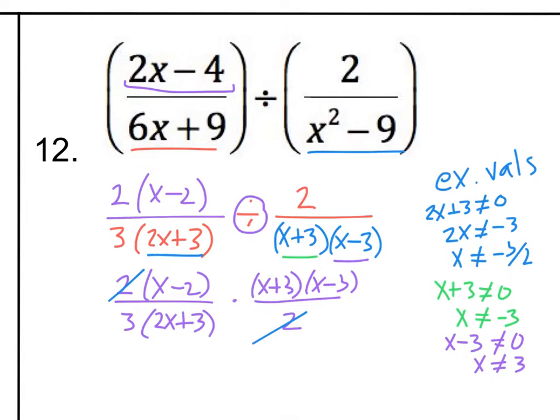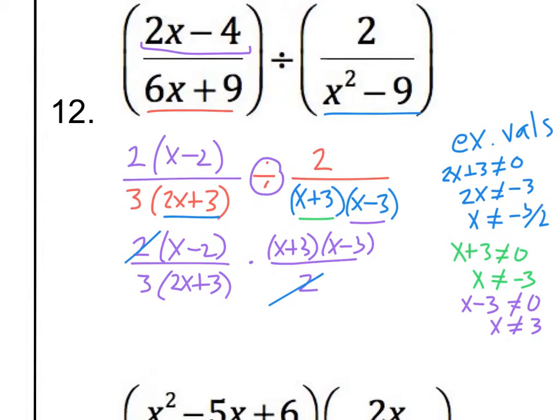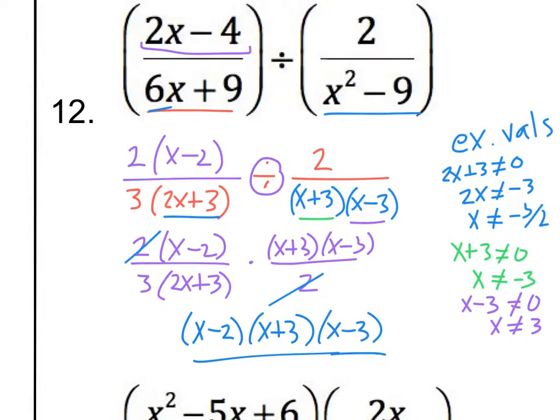That's the only thing in this problem that can cancel out, because I was planning to do some other stuff, and then I think I just made that a 6 instead of a 3, but that's okay. So our final answer is actually going to be x minus 2 times x plus 3 times x minus 3, and then on the bottom, 3 and 2x plus 3. Nothing else to cancel. That's it.